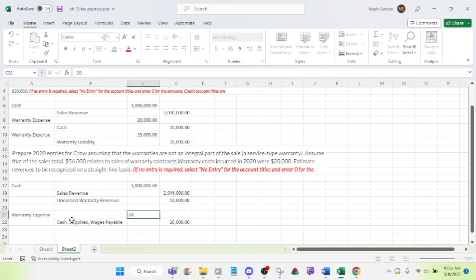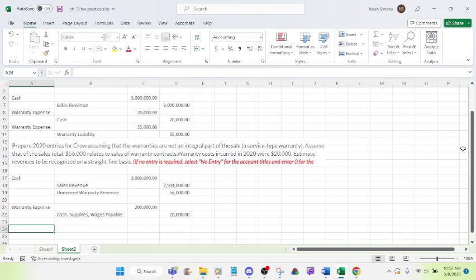It would be 20,000, and then this third one is going to be warranty revenue. And how do you calculate it?